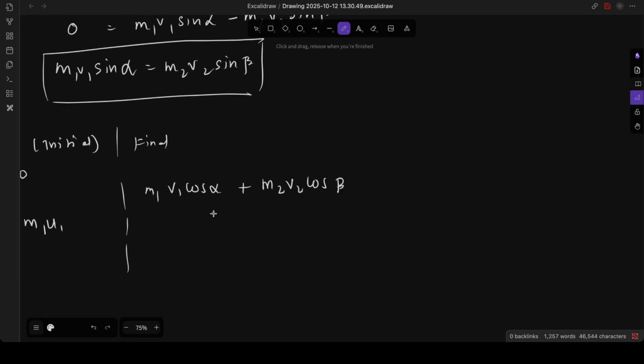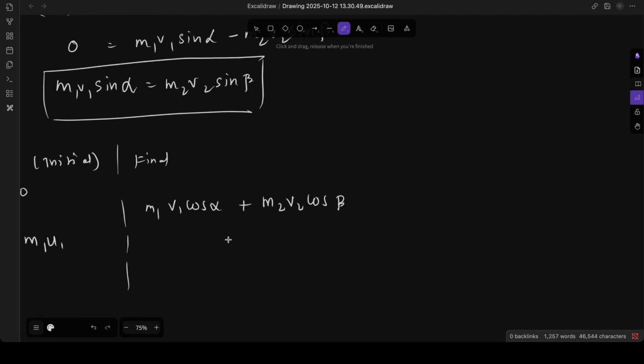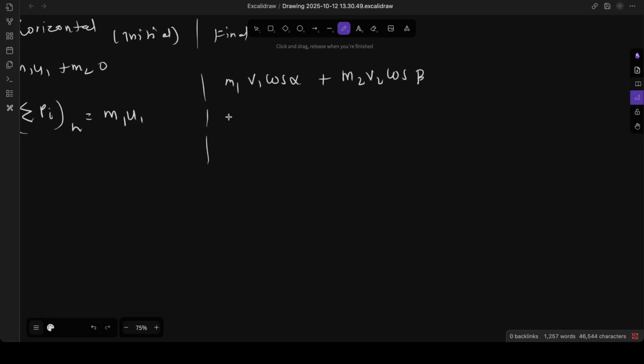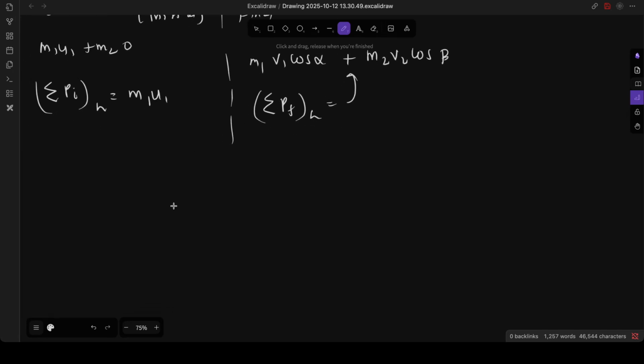This is my sum of final momentum in the horizontal direction. Now we're just going to equate these things, and I'll get m1 u1 is equal to m1 v1 cos alpha plus m2 v2 cos beta.